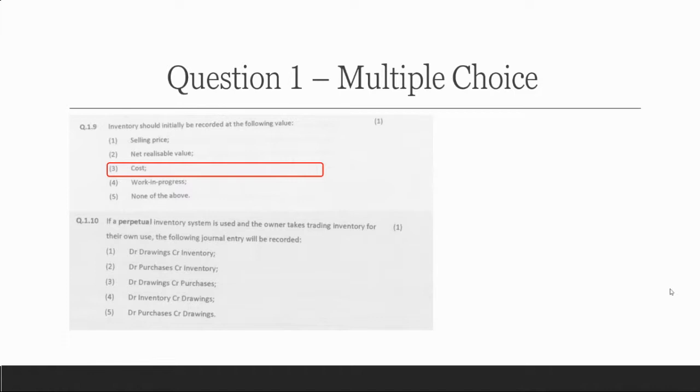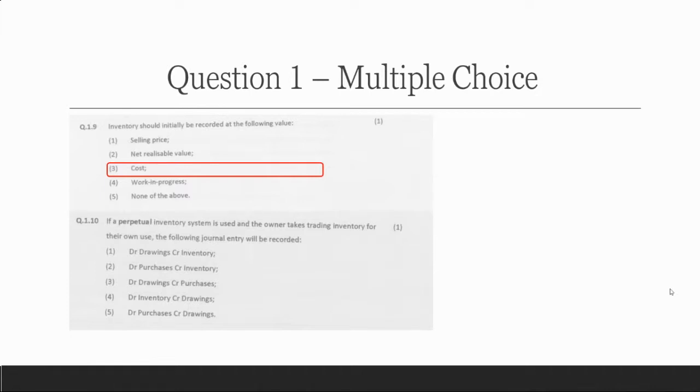And then the last one, if a perpetual inventory system is used and the owner takes trading inventory for their own use, the following journal entry would be recorded. Now remember, when we take inventory for our own use, it's called drawings. Okay, so that's the first thing, perpetual inventory system. Because we have that system, it would go against the inventory account and not the purchases account.